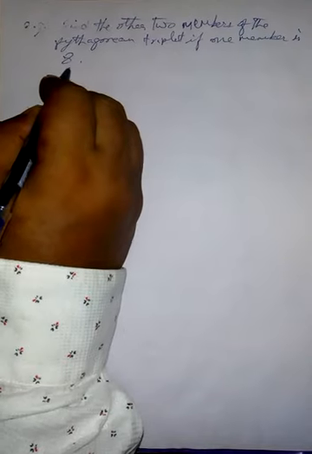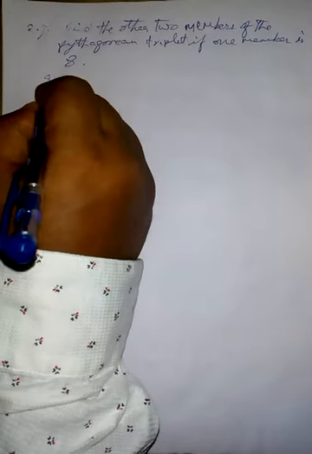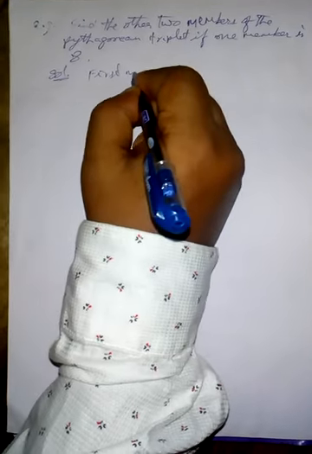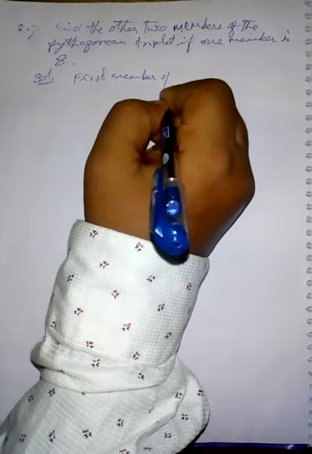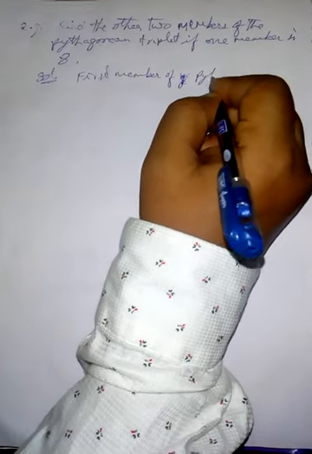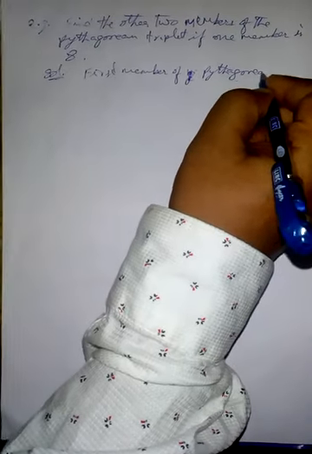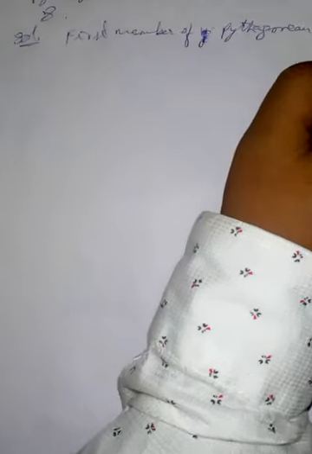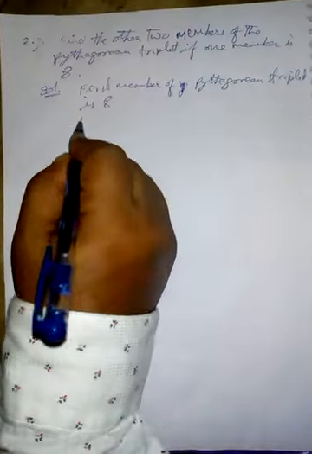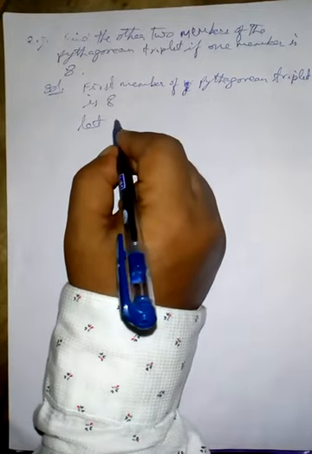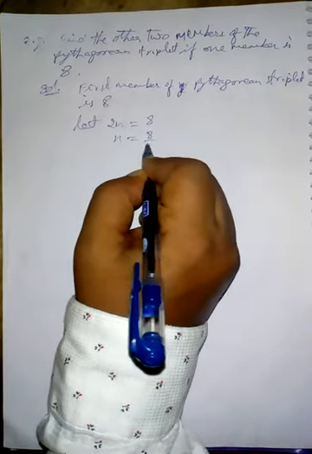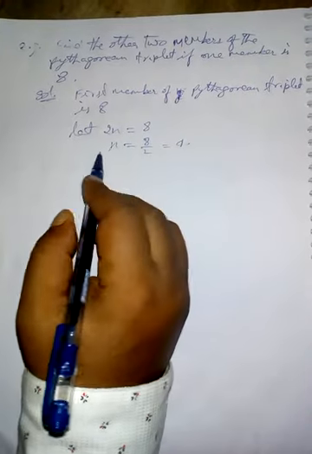So we need to find the other two members. Solution: the first member of the Pythagorean triplet is 8. So let 2n be equal to 8. So n is equal to 8 by 2, which is 4.